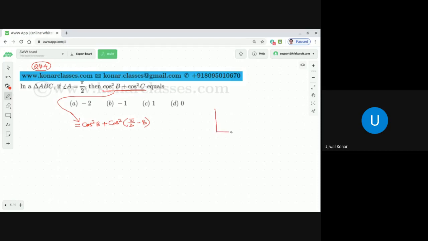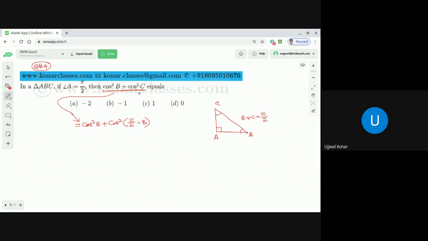It is a right angle triangle. This is A, B and C. As A is 90 degree, then B plus C should also be 90 degree. B plus C should be pi by 2.